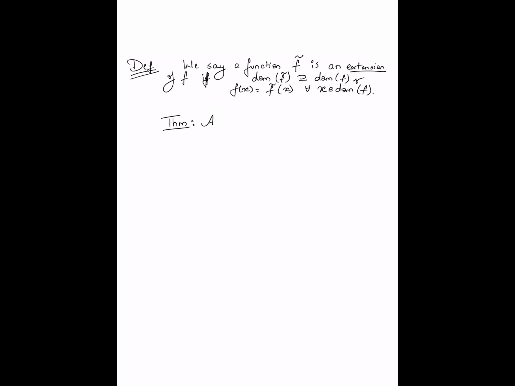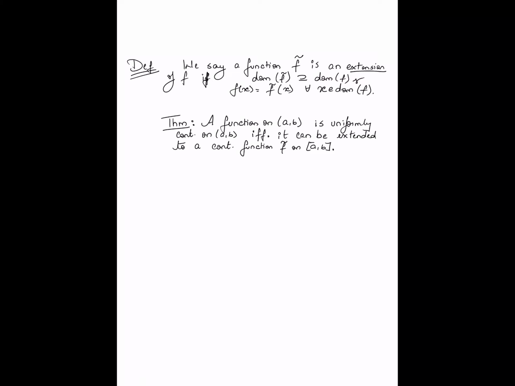A function on some open interval of the form AB is uniformly continuous on AB if and only if it can be extended to a continuous function, let's say f tilde, on the corresponding closed interval AB.